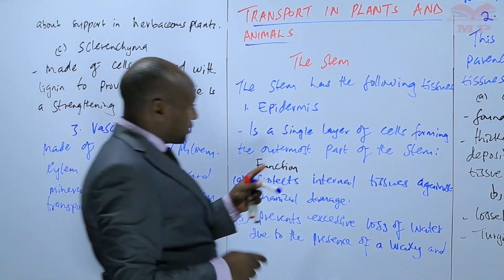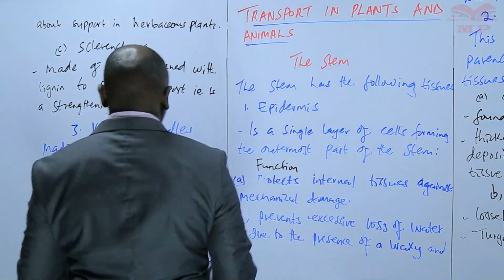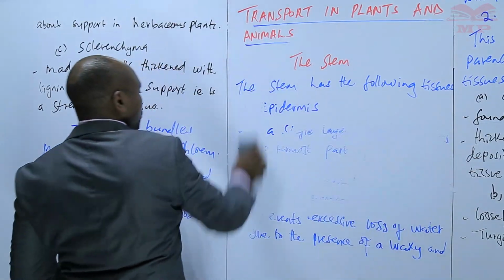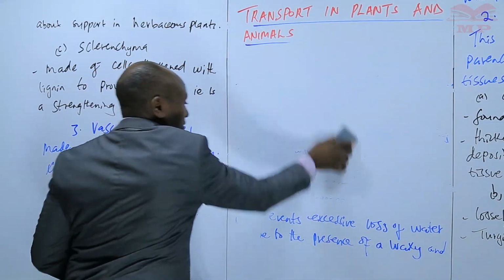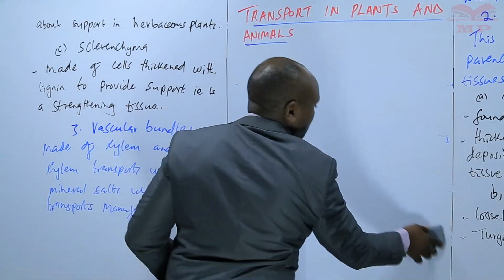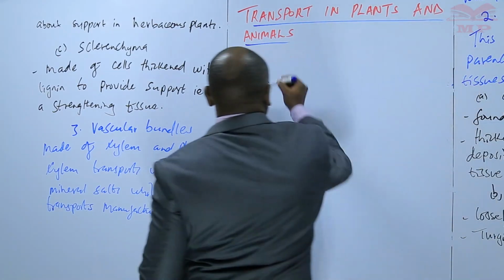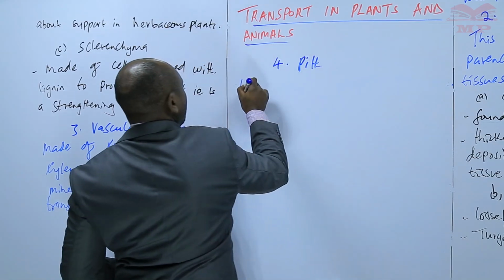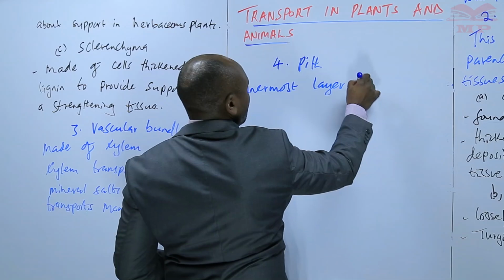So that is basically about the tissues that make the stem. There's one more. Sorry, I've not mentioned it. We have the pith, which is the innermost layer of the stem.